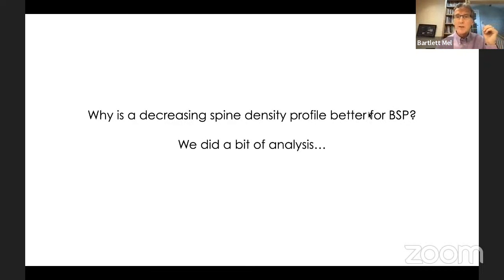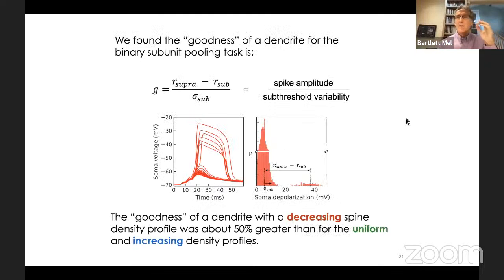Okay, so we did a bit of analysis to try to understand why this is. And here we came up with a formula called goodness, in other words, goodness for this task of a dendrite. It's pretty simple. It basically just says you're good if you have a big difference between the superthreshold magnitude and the subthreshold magnitude. So, having a large spike compared to the subthreshold range, or you can look at that same thing here, the distance between this distribution of superthreshold responses, like up here around 30, 40 millivolts, compared to here 5, 10 millivolts.